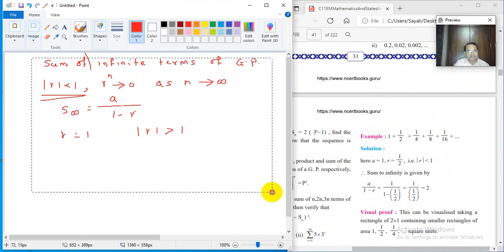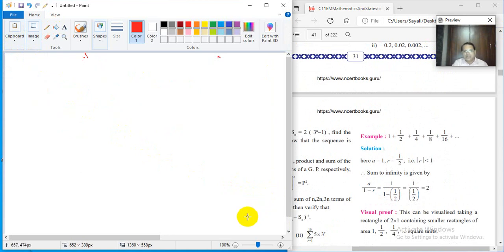If I take the sum of infinitely many terms of a geometric progression, the common ratio r should be such that mod r is less than 1, not merely less than 1. Since -3 is less than 1, but mod of -3 is 3, which is greater than 1.